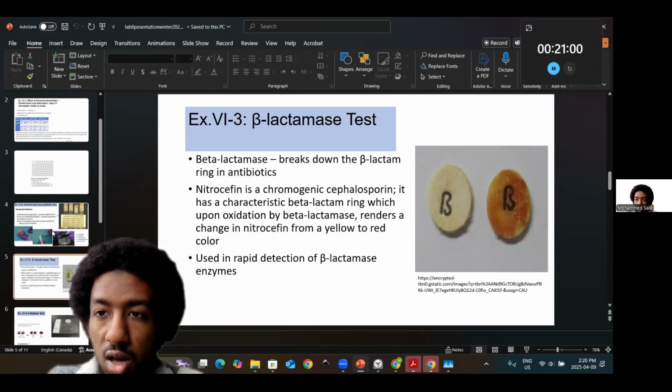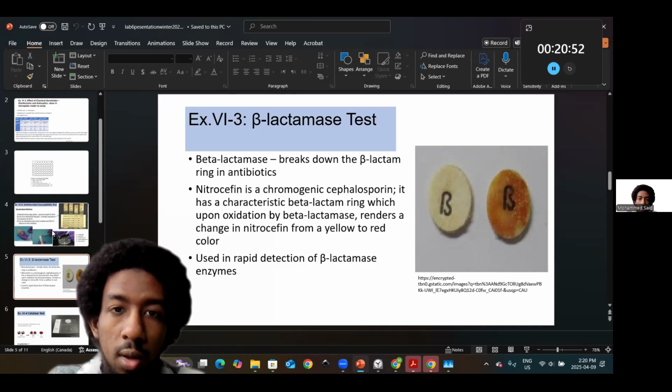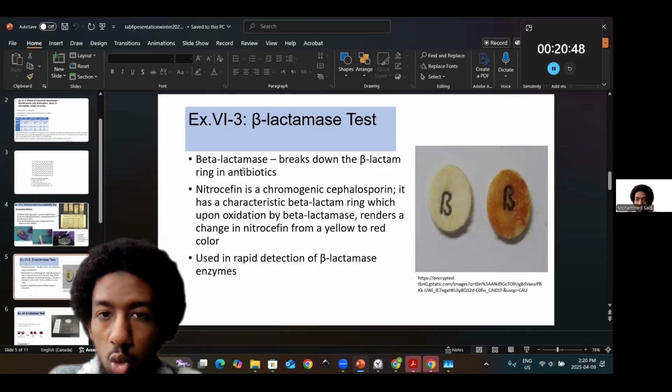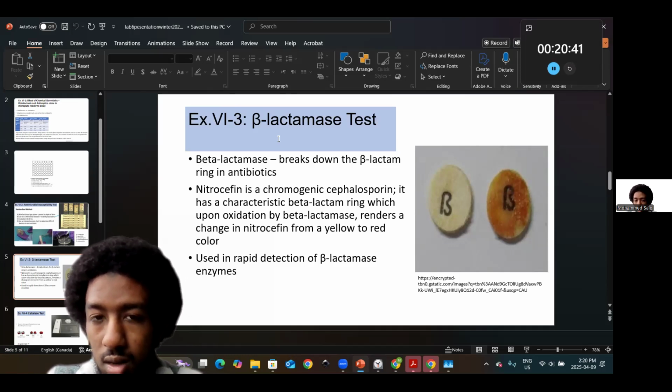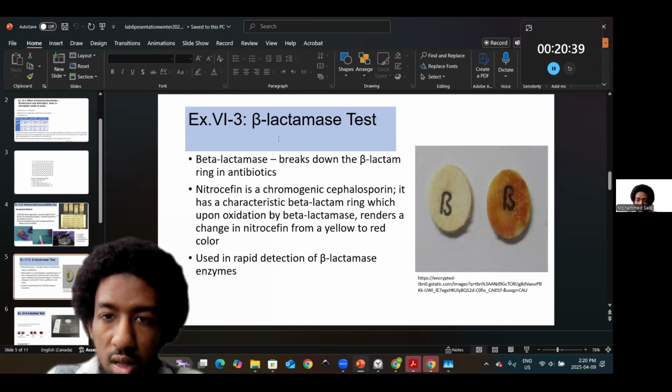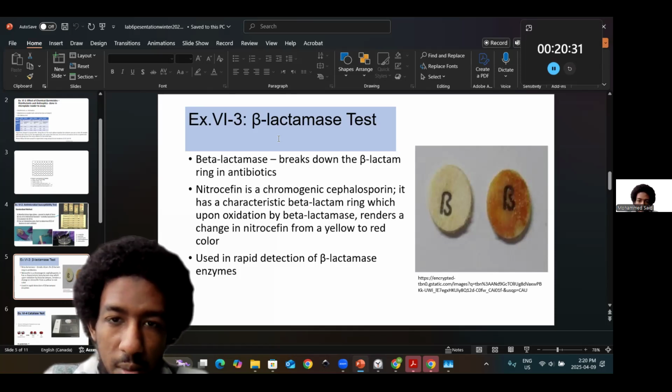One of the features that discriminates their condition, i.e., whether or not they are able to break down a certain antibiotic, is an enzyme known as beta lactamase. Beta lactamase breaks down the beta lactam ring in many penicillin-based antibiotics. So think about penicillin, ampicillin, amoxicillin, usually those -cillin-based ones, but there are other ones as well.